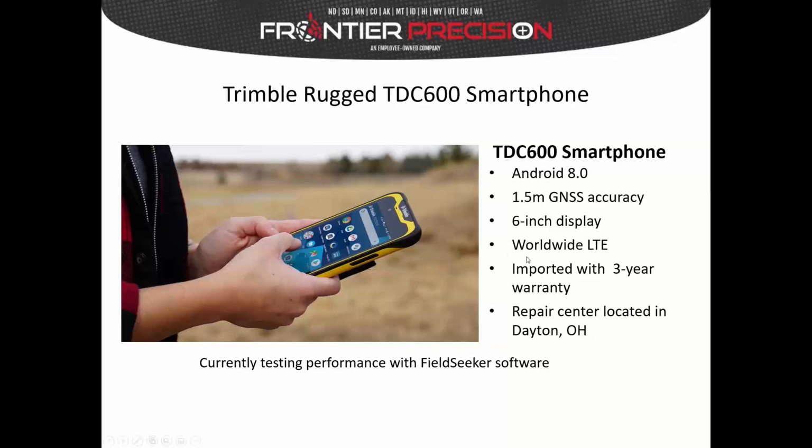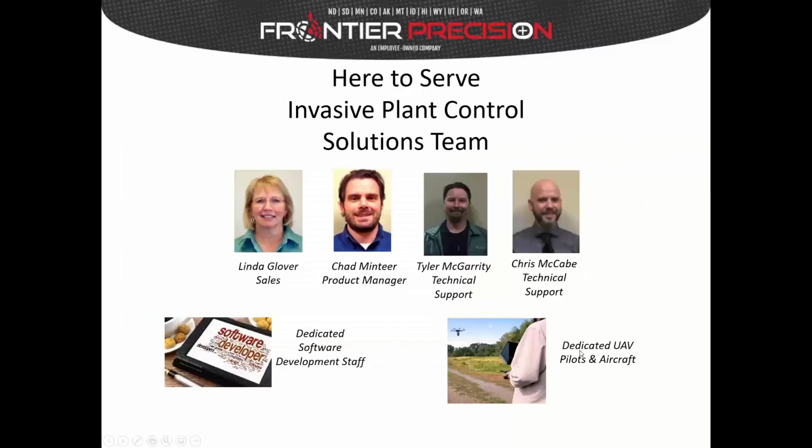It is a cell phone. It's compatible with worldwide LTE, which if you Google that, you'll see the list of carriers, but it's mainly AT&T and T-Mobile as an example. This product is imported, but it does come with a 3-year warranty and is repaired in Trimble's Repair Center in Dayton, Ohio.